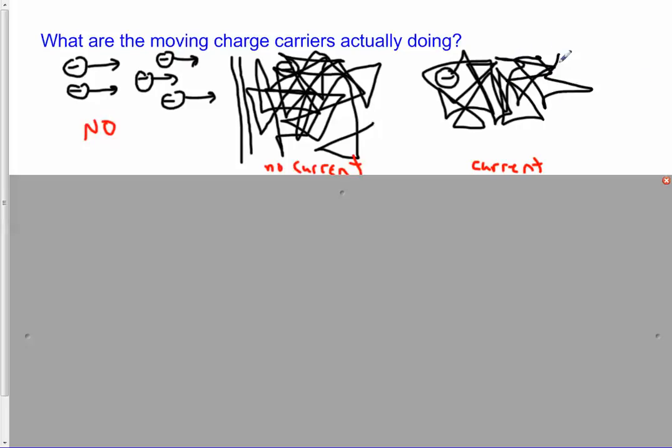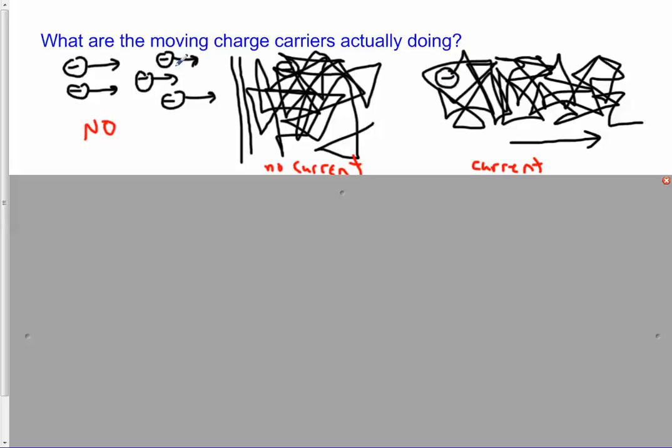So it's still random motion. Sometimes it's going right, sometimes it's going left, up, down, diagonal, but there's an overall movement to the right in this case. That's what current really looks like. That's what all these electrons are doing in a wire when they move.